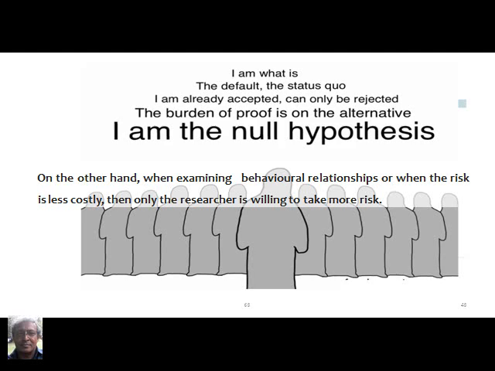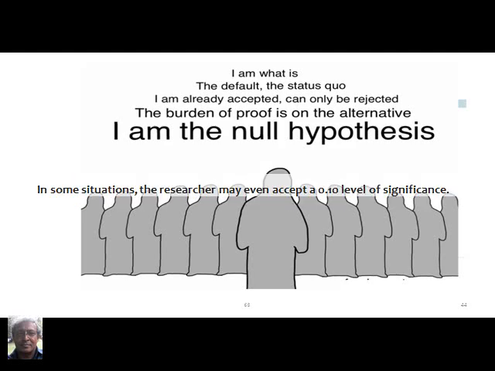On the other hand, when examining behavior relationships or when the risk is less costly, then the researcher is willing to take more risk. In some situations, the researcher may even accept a 0.10 level of significance.